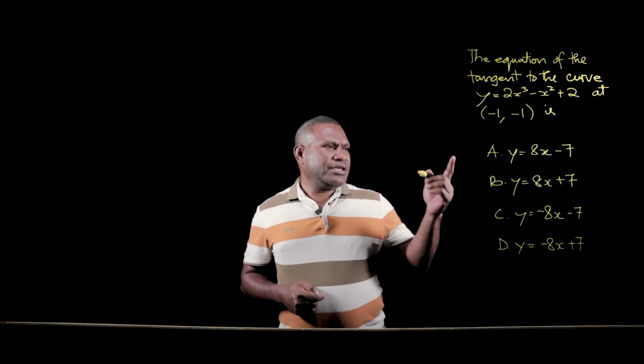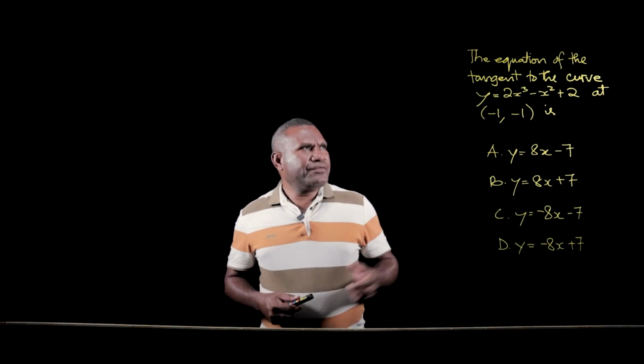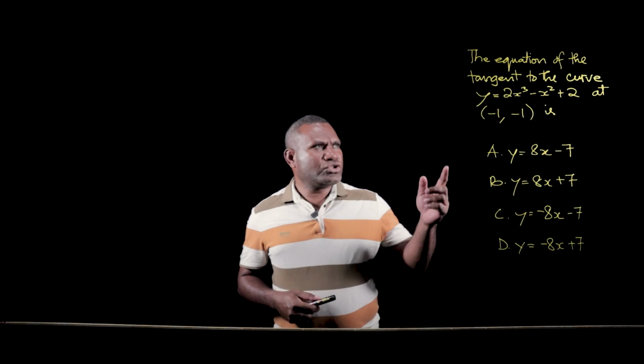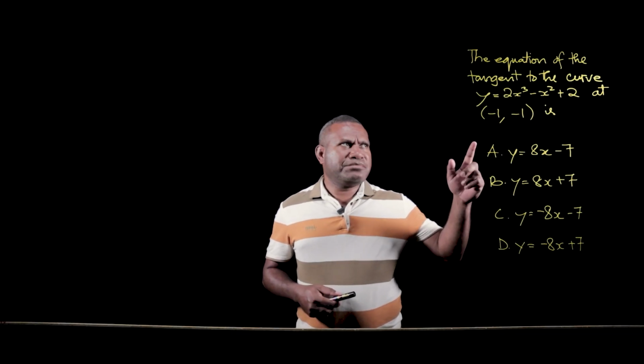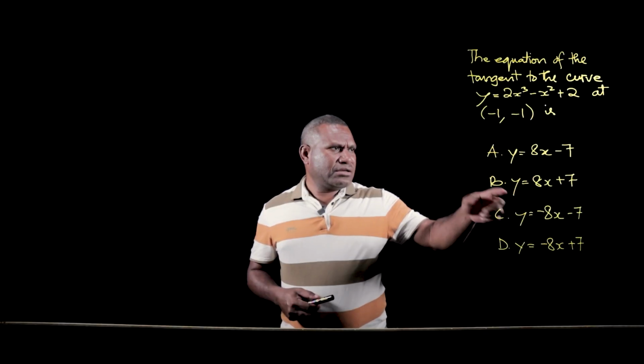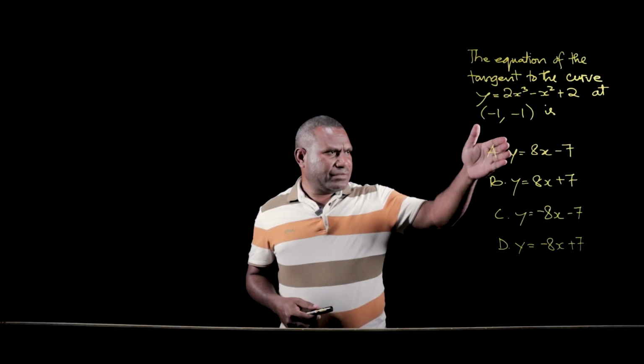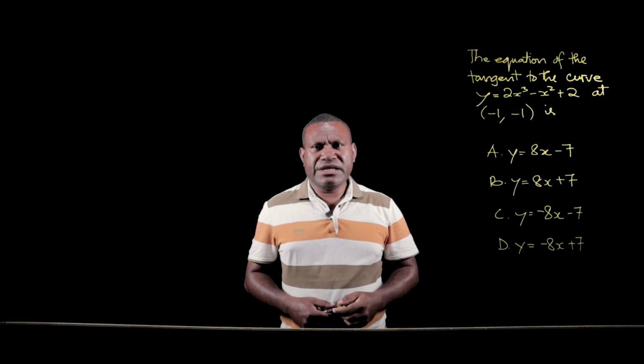The question is a multiple choice question, and it reads: the equation of the tangent to the curve y equals 2x cubed minus x squared plus 2 at the point -1 is A, B, C, or D. The equations here are linear equations.